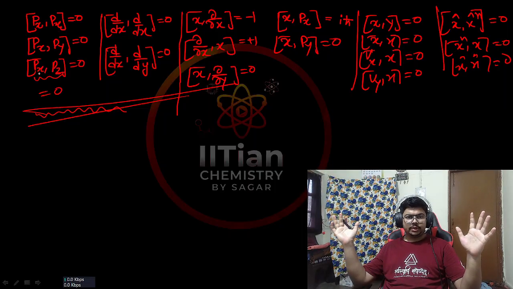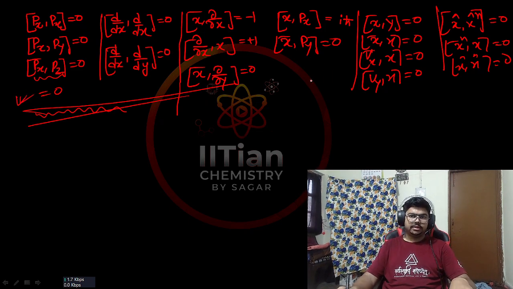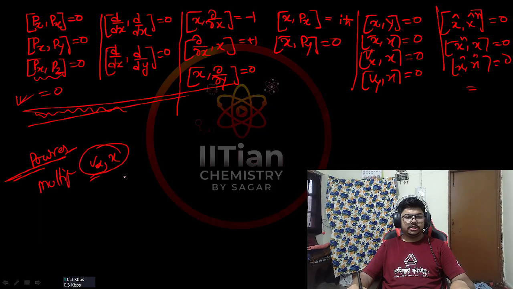We will not go into that. So you have to recall these basic results. They are very simplifying. The power rule you already know, right? Then multiplicative, that is v comma x, position and potential energy.